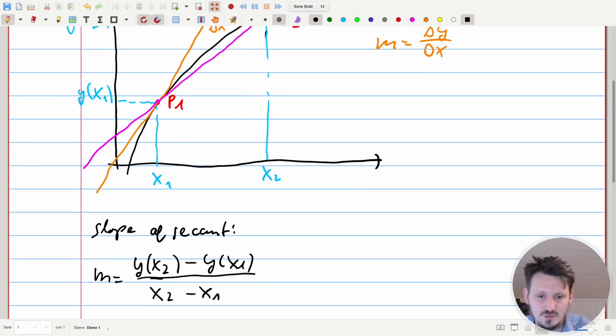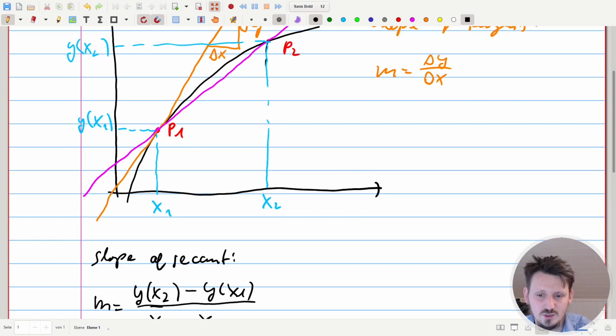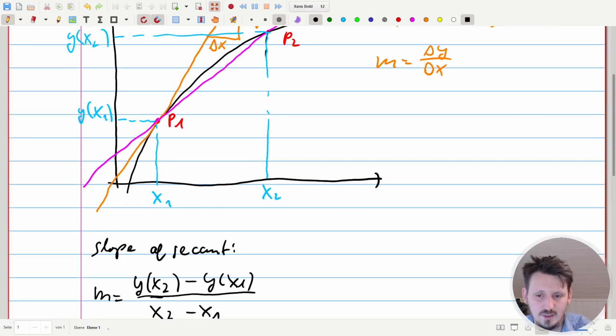So we can just draw this triangle here, which we have drawn before, and then calculate the slope according to that.